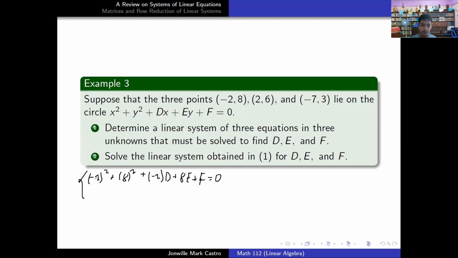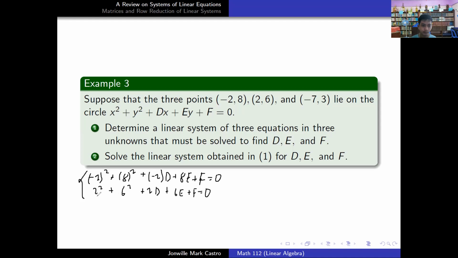So, next, para makuha natin yung dalawa pa equations, gagamitin naman natin yung second and third points respectively. So, yung second equation natin, we have 2 squared plus 6 squared plus 2d plus 6e plus f equals 0.